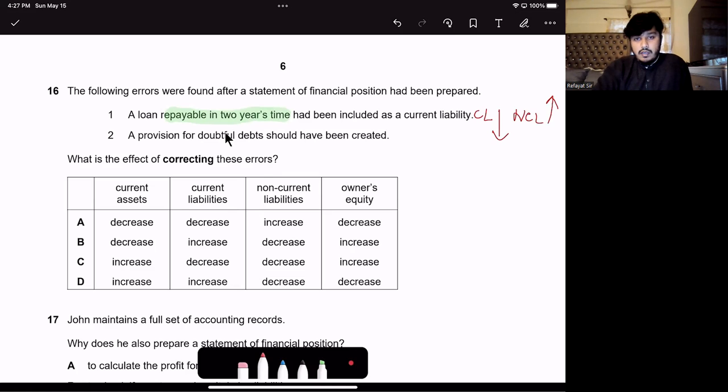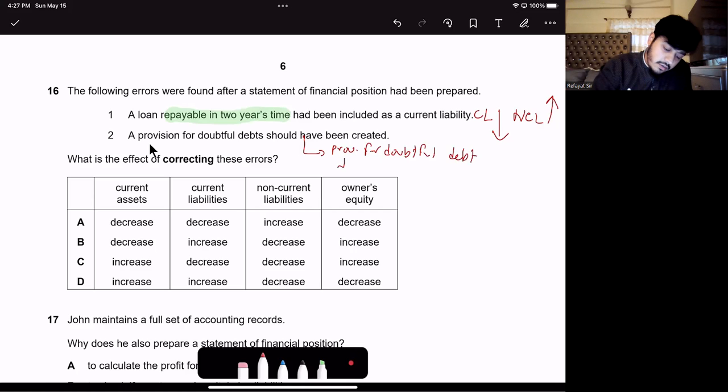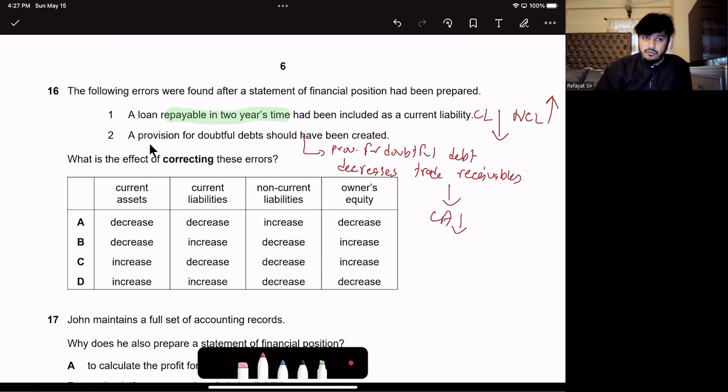First thing first. And whenever we bring in provision for doubtful debt, if you all remember, provision for doubtful debt decreases trade receivables. And when trade receivable decreases, current asset also decreases.